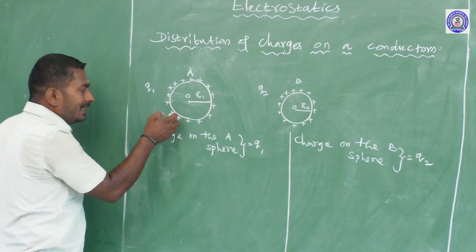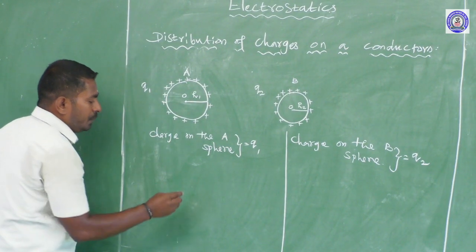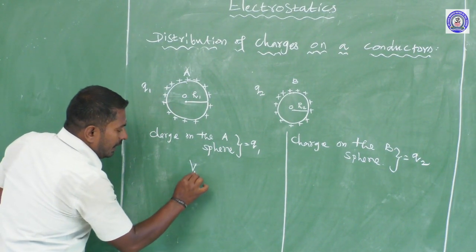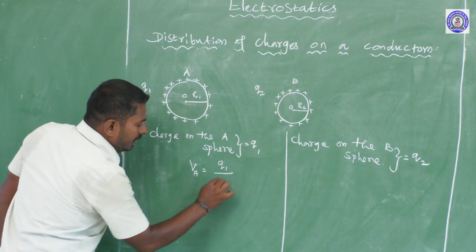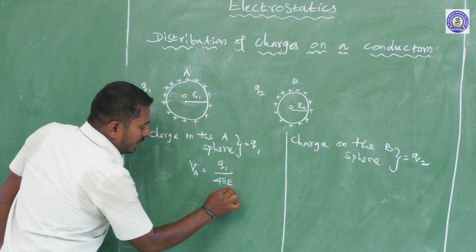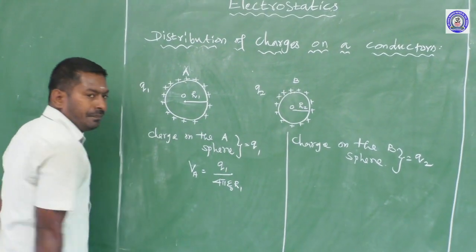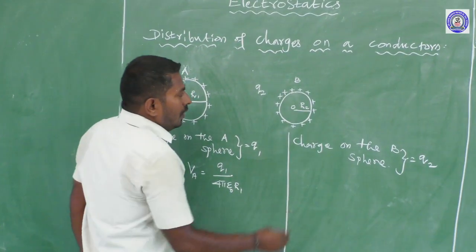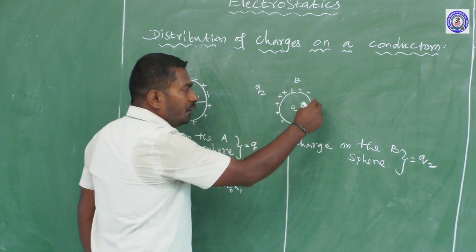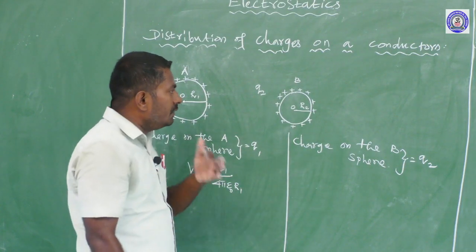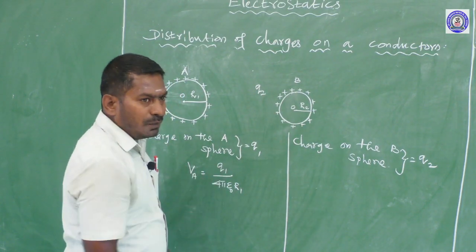So potential at the surface of the metallic sphere A is equal to Q1 divided by 4 pi epsilon naught R1. Similarly, Q2 quantity of electric charge is uniformly distributed over the surface of the B metallic sphere, and it acquires a potential.